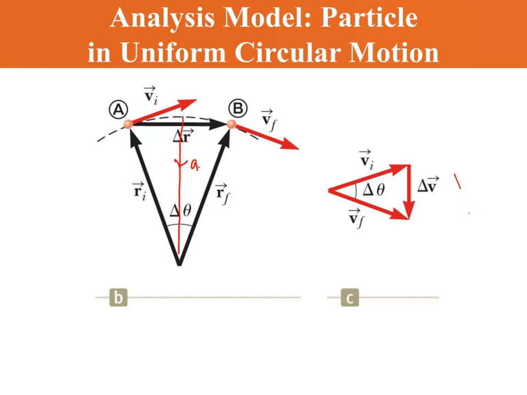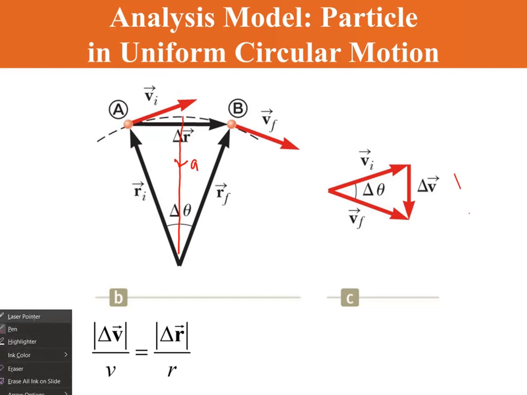If we examine the diagram further, we can see that these two triangles are related: the triangle of vi, vf and delta v, and the triangle of r initial, r final and delta r.